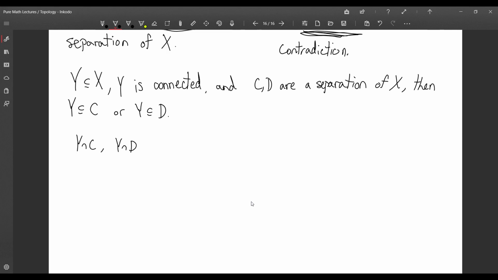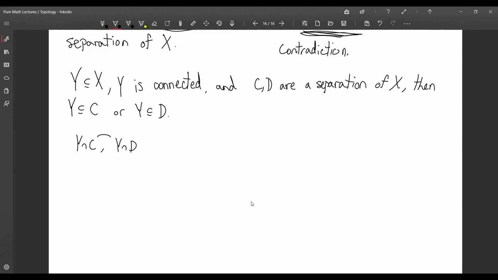These are both open. Well, C and D are open. So these are open in the subspace topology of Y, right? And of course they're disjoint because C and D are disjoint.